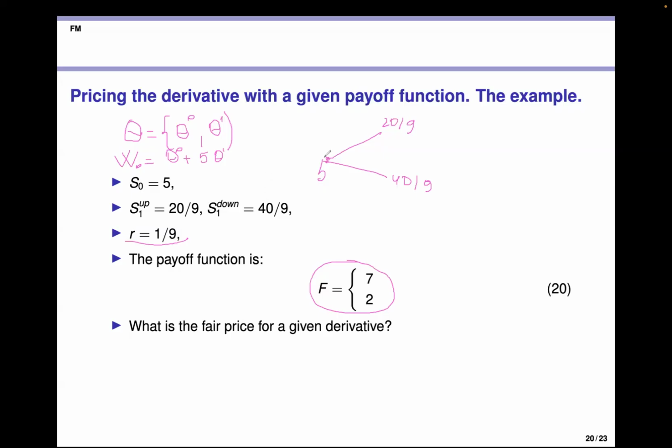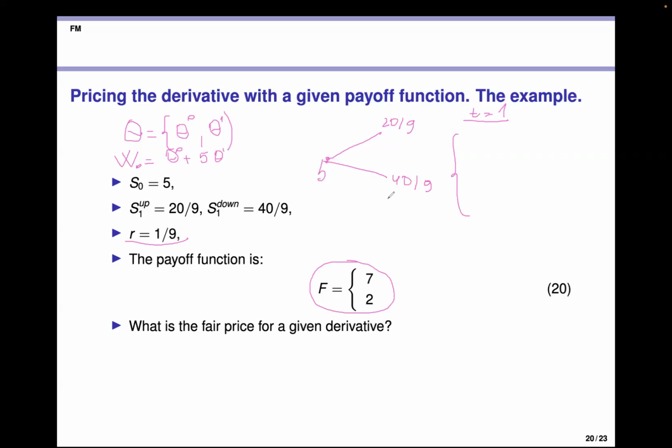And what will be at the moment t equals 1 with the portfolio? What will happen with the portfolio at this moment in the up scenario and in the down scenario? From cash, what will it be? If we have this amount of cash at the moment t equals 1, can you compute how much the amount should be?